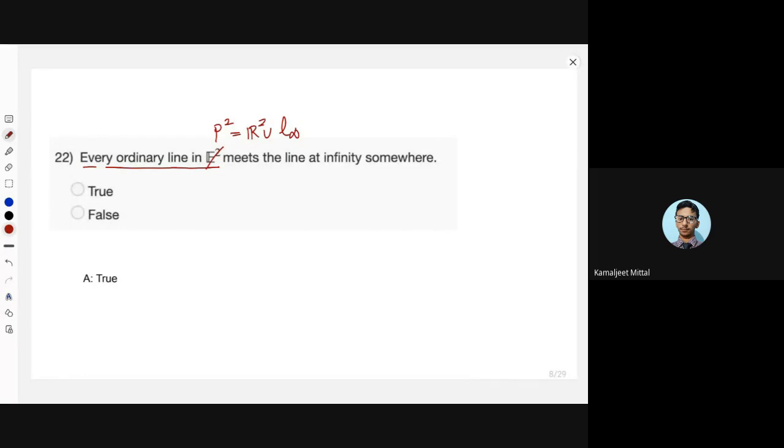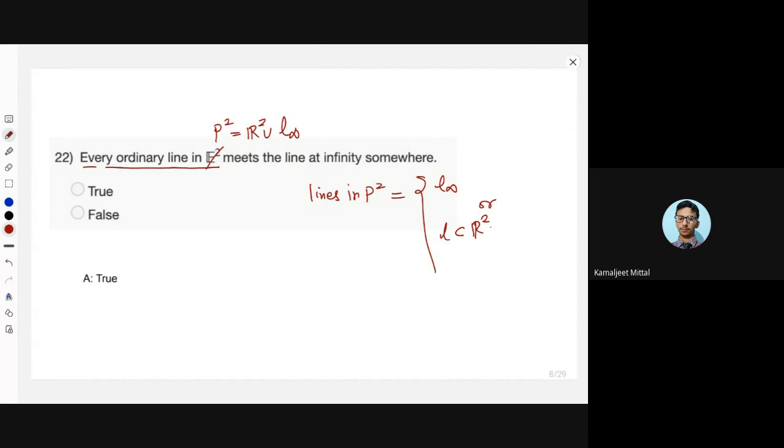Now you have two sets of lines. Lines in P2 is either L infinity, or it's a line in R2. So there are only two possibilities for any line in P2.